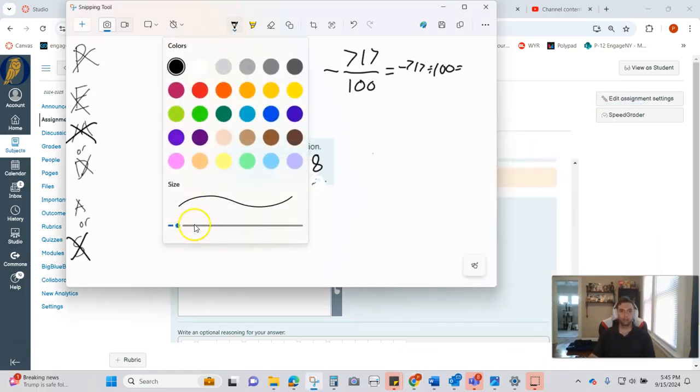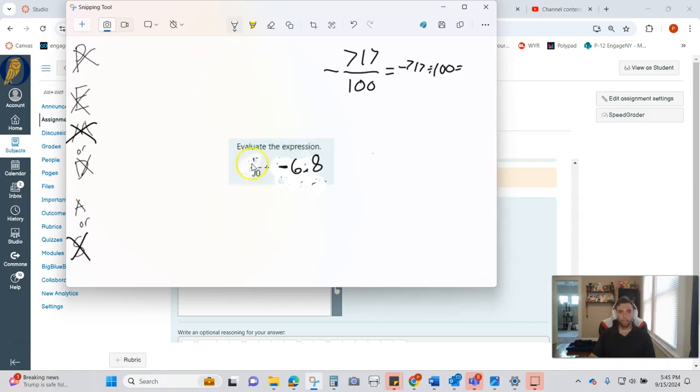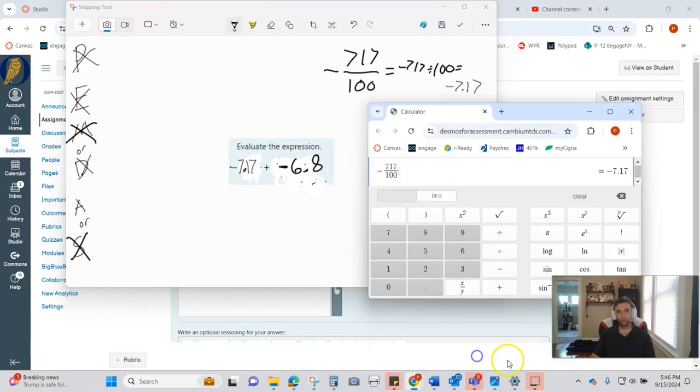So let's smudge out there, and let's write our new number. So it was negative 7.17. And now let's add these numbers together.